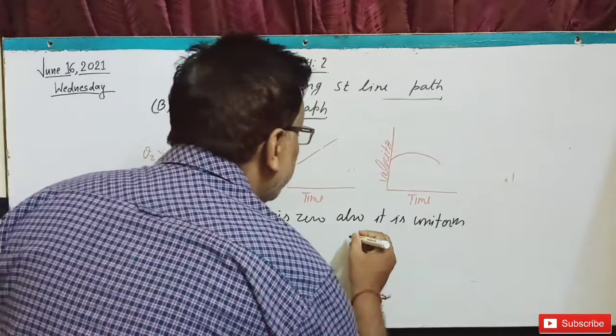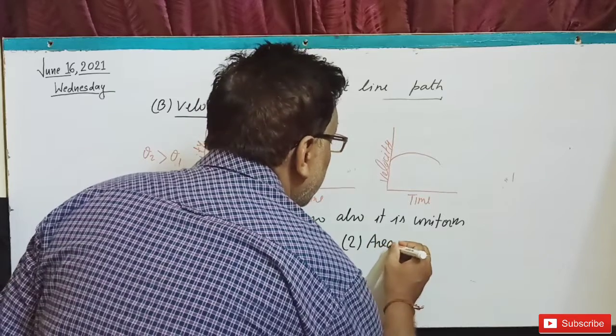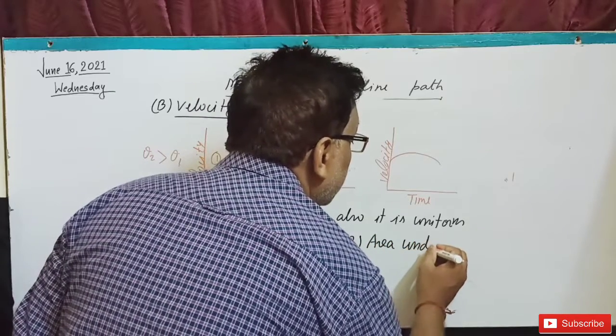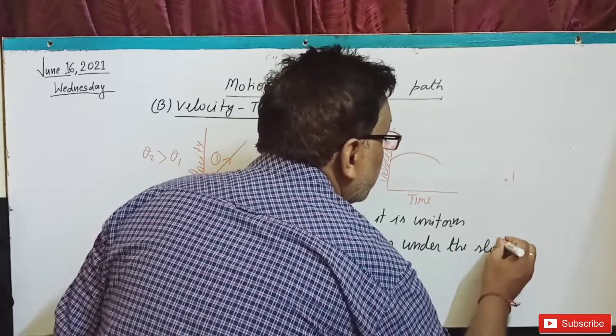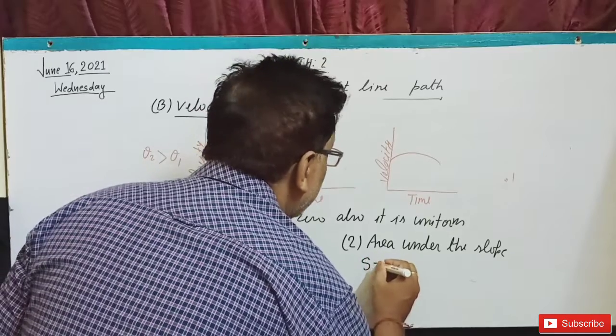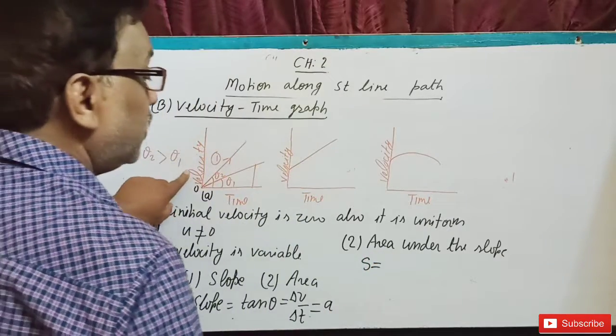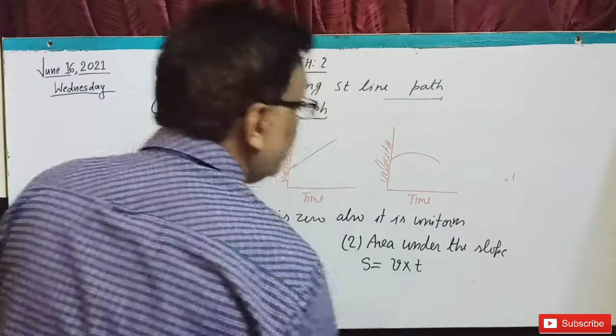The second thing, area. Area under the slope. As you look here, velocity v into t.